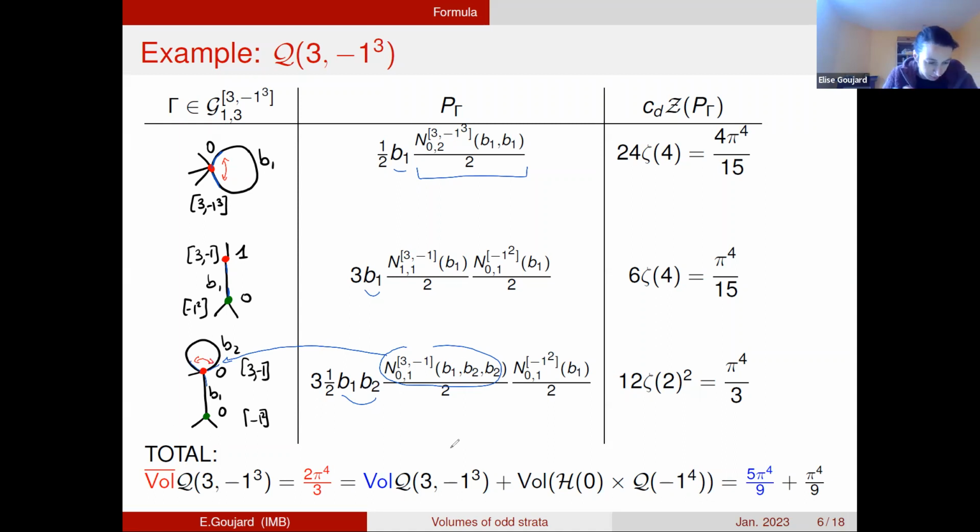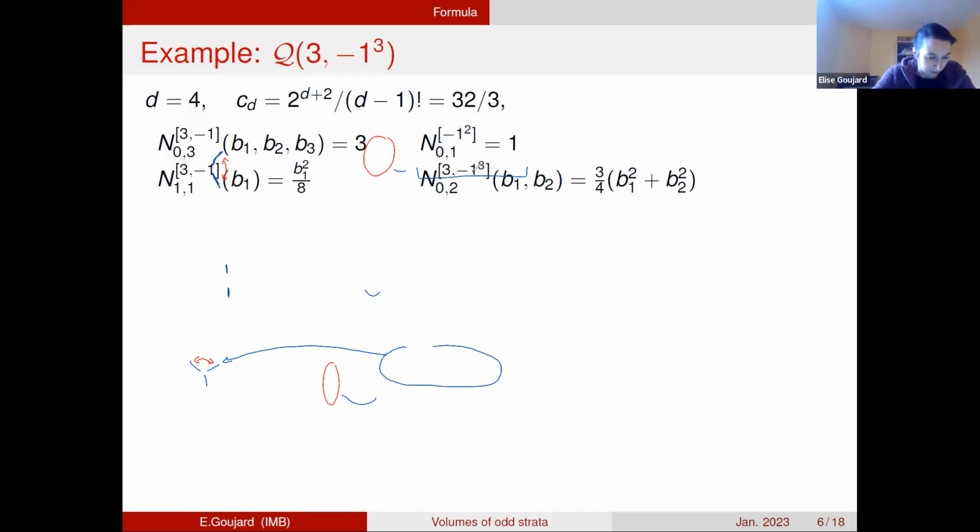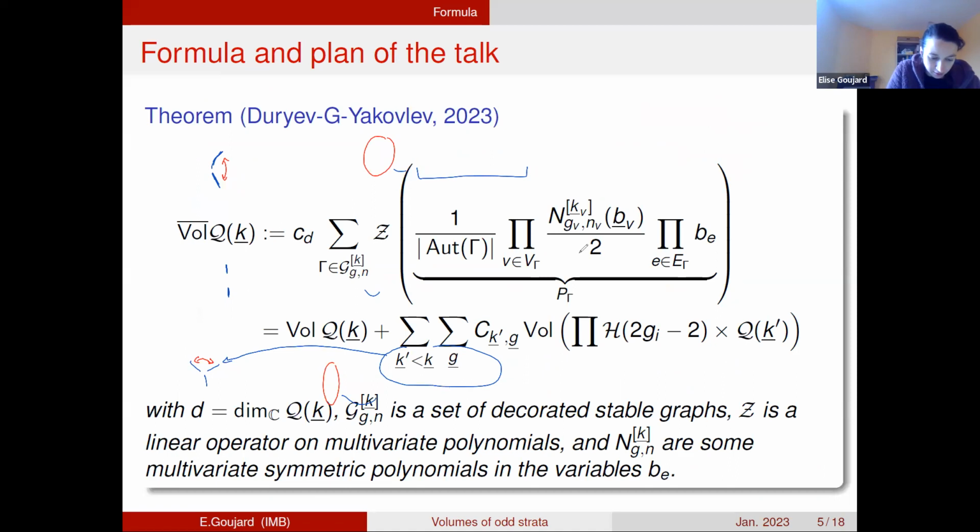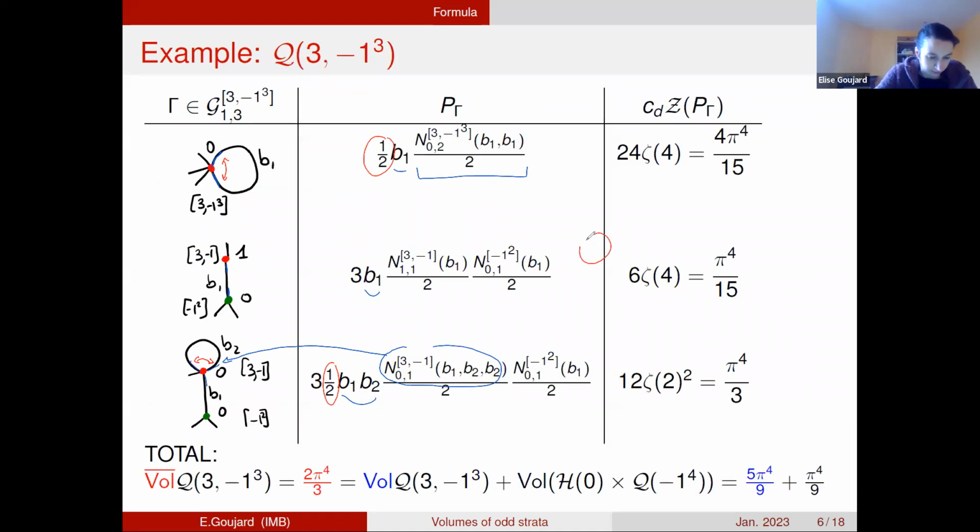Oh no, sorry. This two is this one, and over two, I think it's just a global factor. So let me go back to the. Oh, sorry. Yes, this two is just a global factor. So the 1/2 is just the automorphism of the graph.